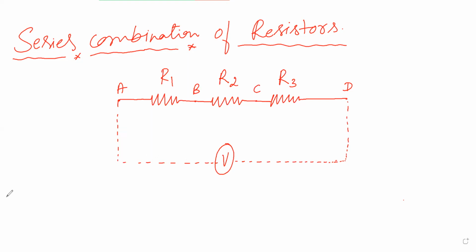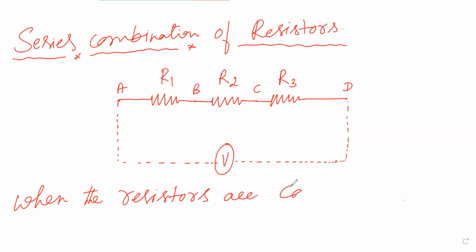All right. So what is a series combination? What is a series connection? When the resistors are connected end to end, then we call it a series combination.